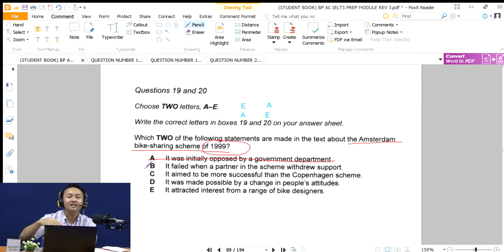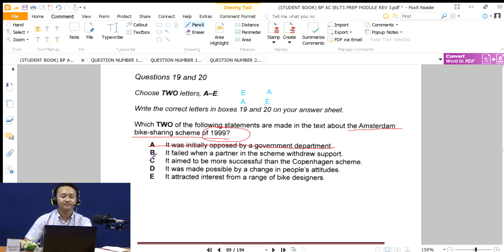So we eliminate the options, like option A. It was initially opposed by a government. No, it wasn't. It failed when a partner in the scheme withdrew support. Not really sure.